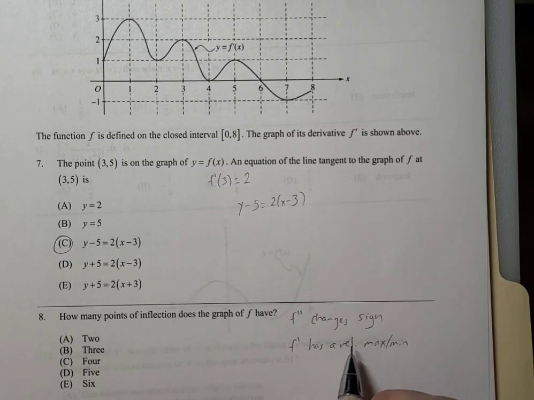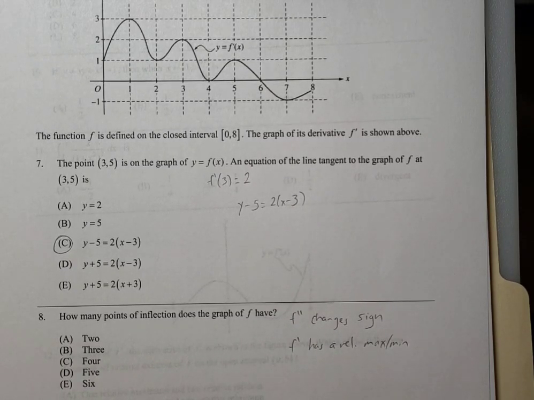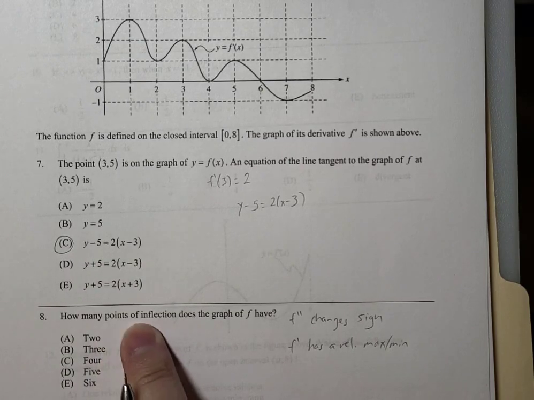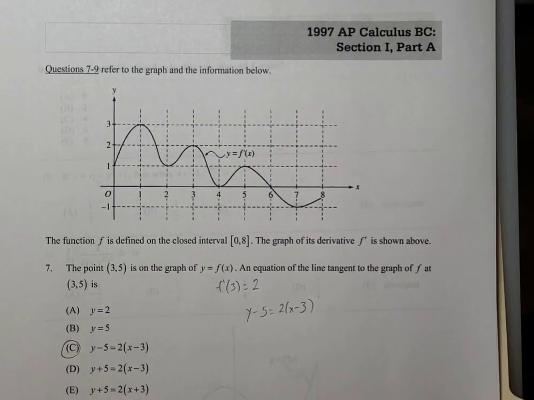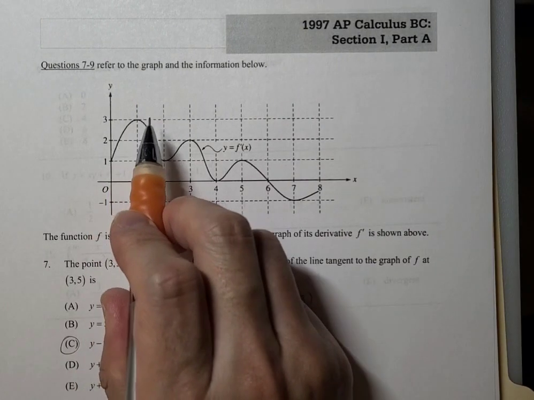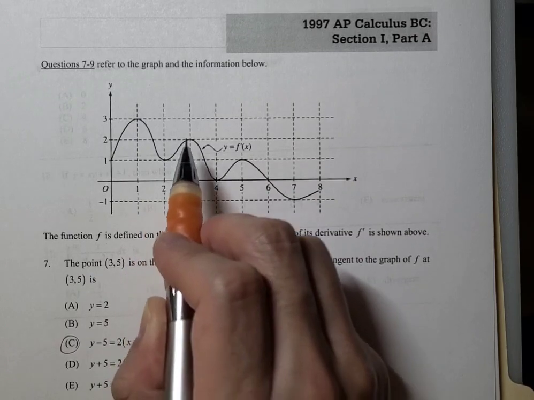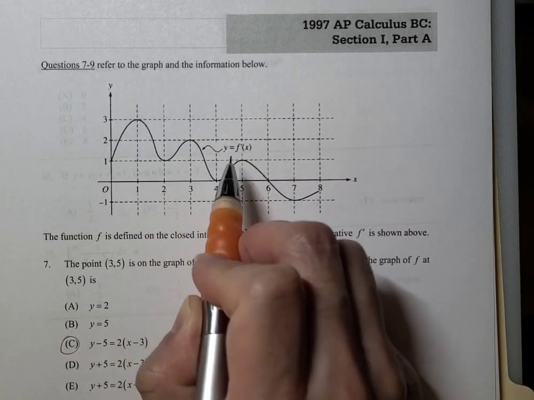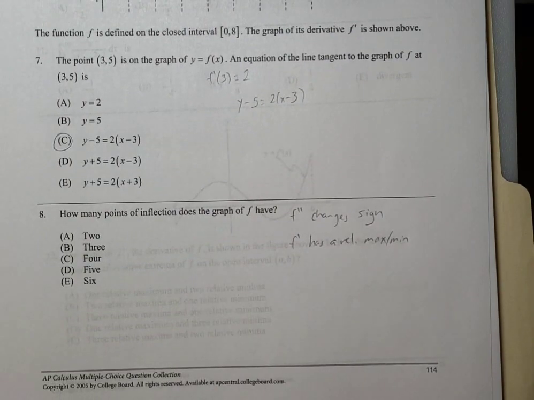So whenever this has a relative max or min, the second derivative will change from negative to positive or positive to negative. And that's a point of inflection. So how many points does it have? Well, there's a relative max here, a relative min here. So that's 2, 3, 4, 5, 6. So there are 6 points of inflection.